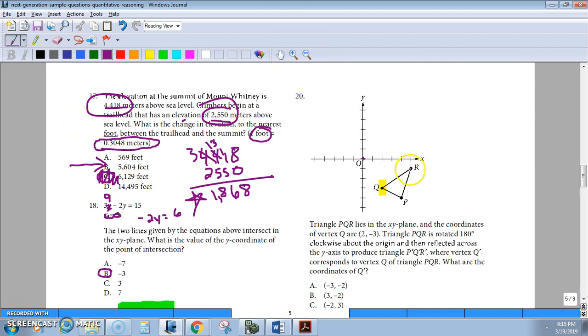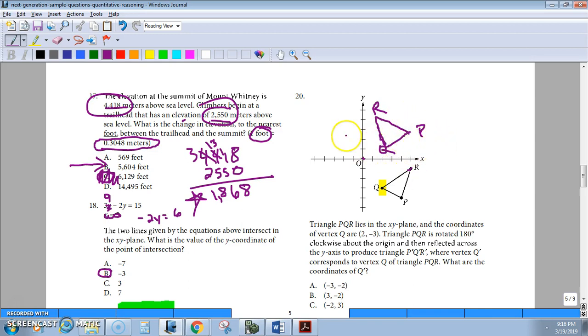So if I rotated it 90, this triangle would be in quadrant 1, right? R would be here, and P would be here, and Q would be here-ish.